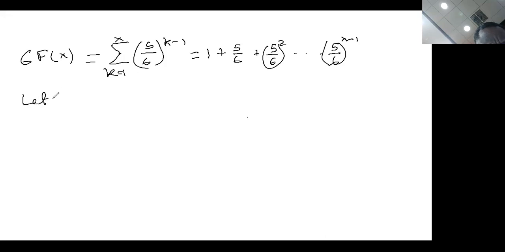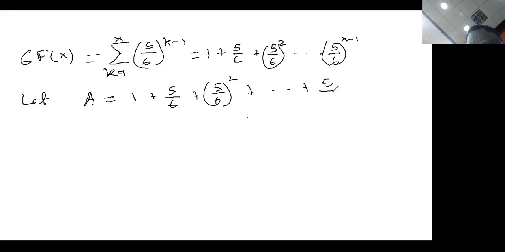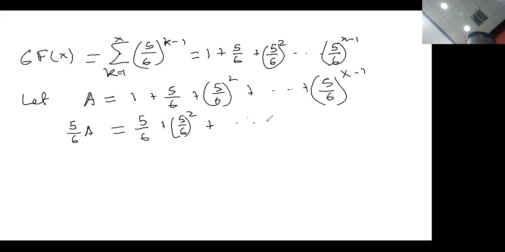I will say let A be equal to 1 plus 5/6 plus 5/6 squared plus ... plus 5/6 to the x minus 1. Now I will multiply A by 5/6. Then 5/6 times A will be equal to 5/6 plus 5/6 squared plus ... plus 5/6.